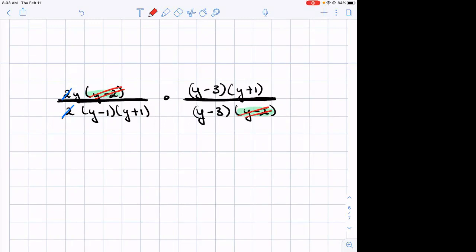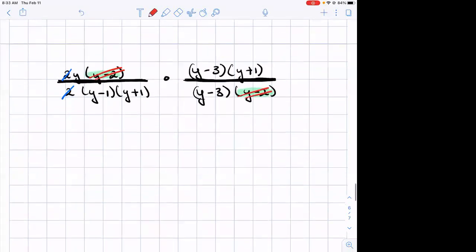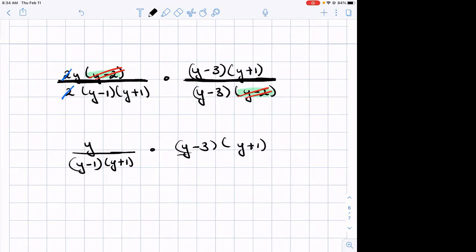Okay. I will rewrite this because it will start to look very confusing. So I have y left in the top here. In the bottom, I have y minus 1, y plus 1. You don't have to rewrite it, but I'm doing that because it will start looking confusing if I don't leave out some of the terms that I've canceled out.